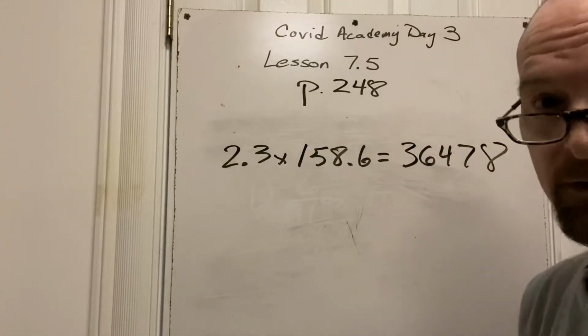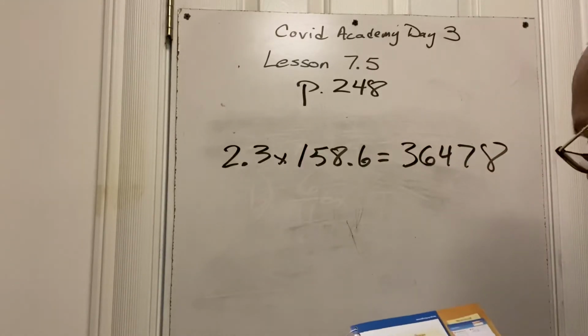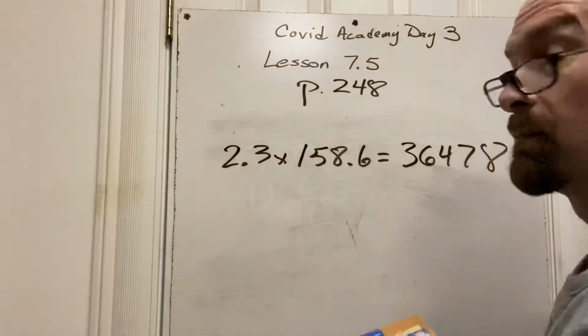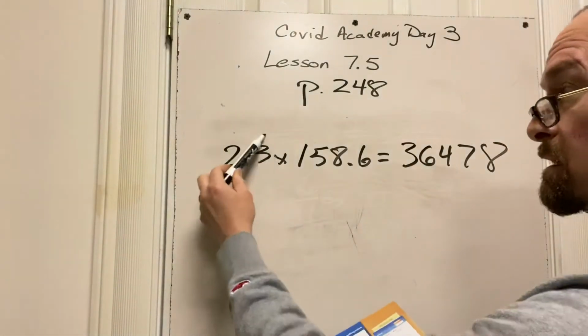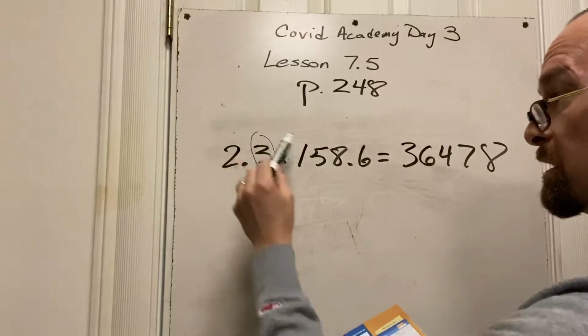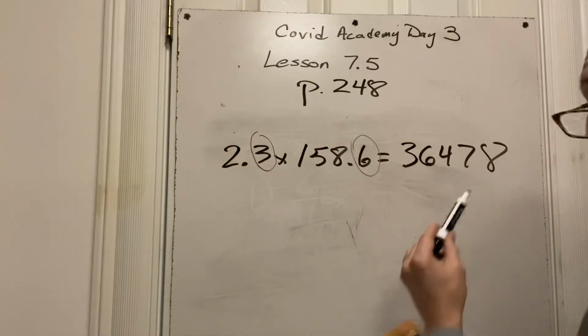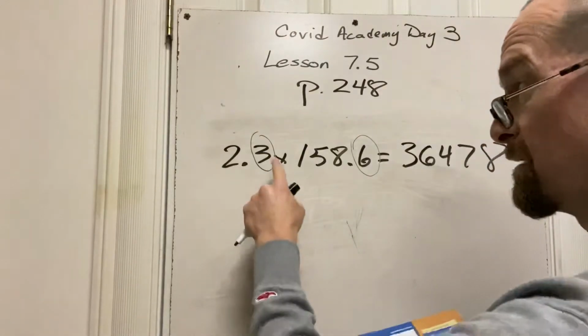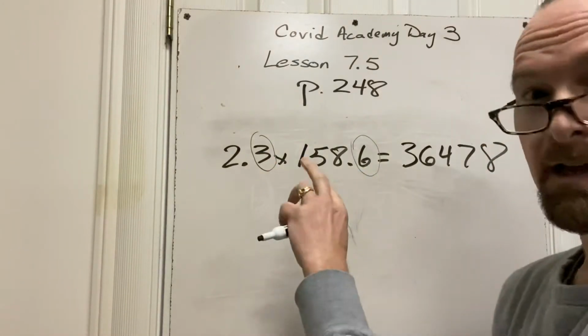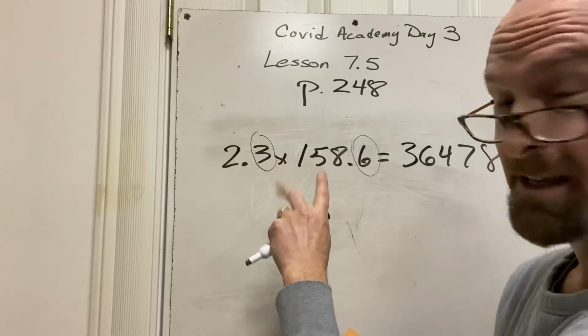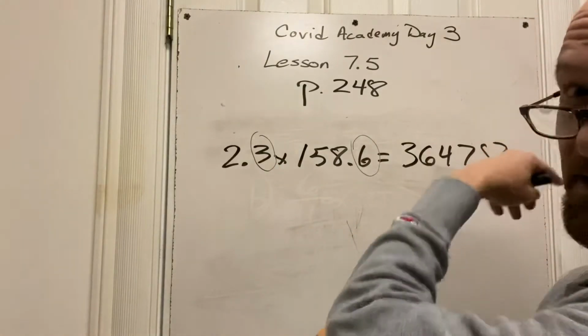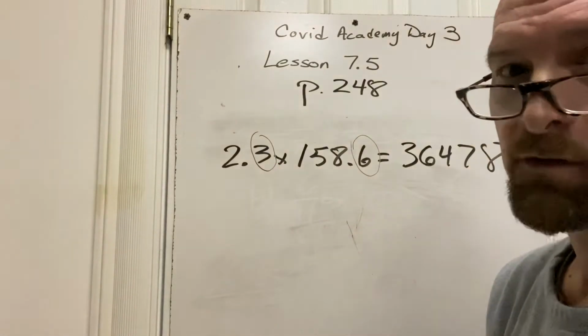Well, here's what they don't want you to do, even though it works for this one. The method I always learned as a kid is you count the number of digits after the decimal point and come in that many spaces. You have to watch out with Everyday Math because they sometimes put a 5 here and a 2 here, and 5 times 2 is 10, which would end in a 0, and then they leave off the 0, so you get the answer wrong if you do it that way.